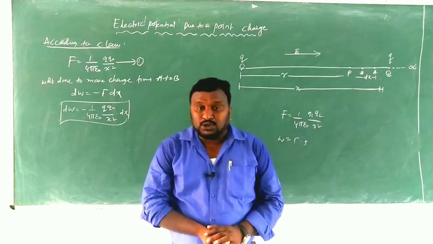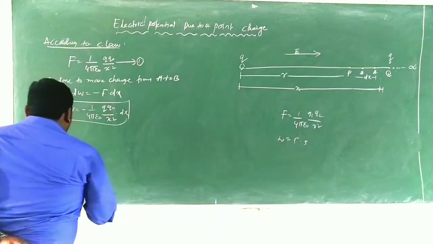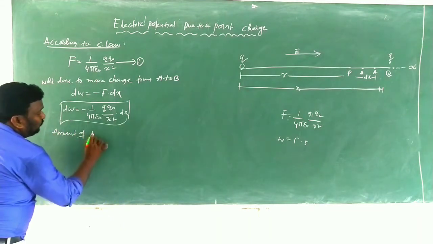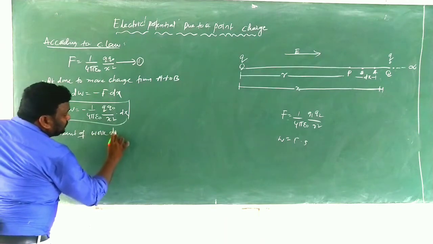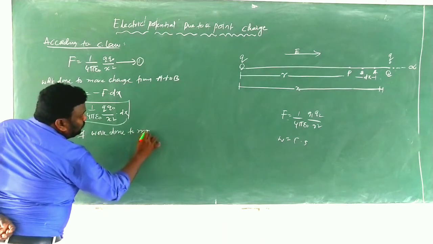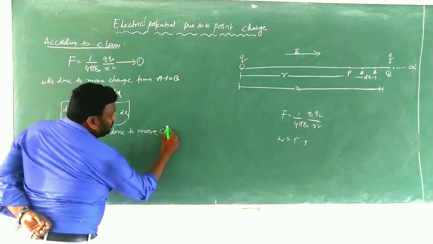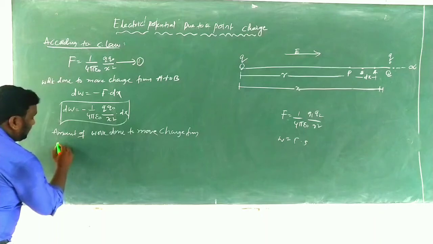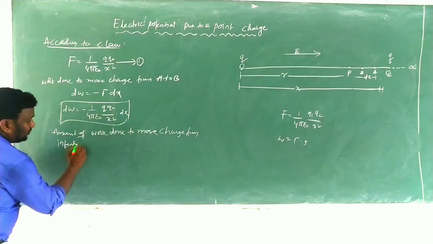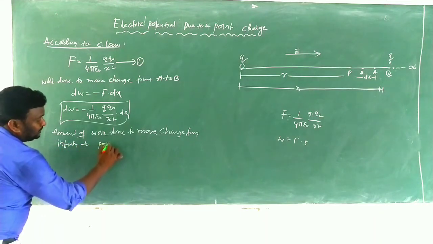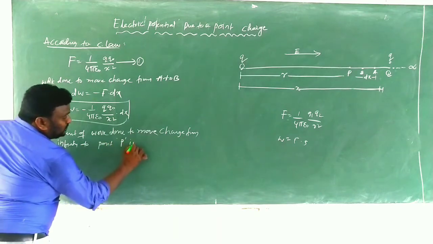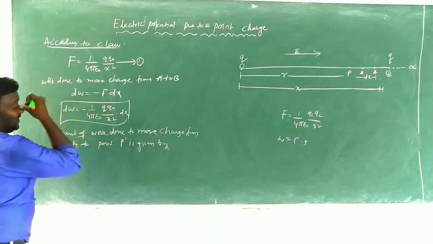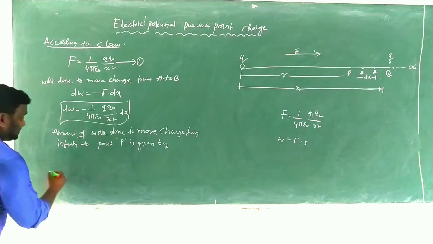Here I am writing: the amount of work done to move charge from infinity to the point P is given by, simply we have to integrate the above equation like this.